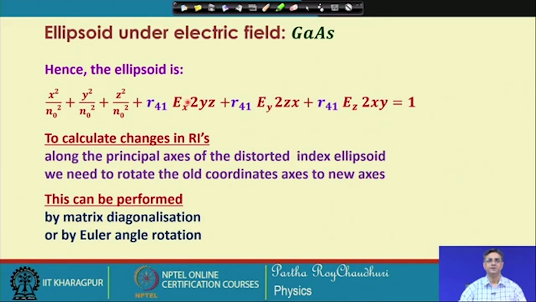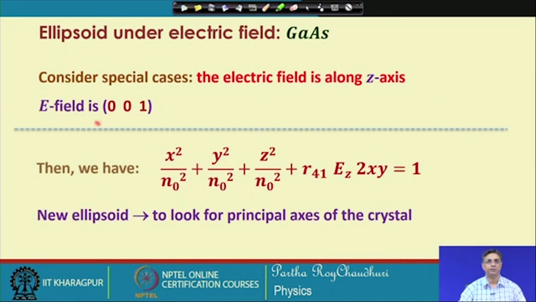But if I consider for simplicity that the electric field is applied only along a certain direction, for example, along the z direction, then what happens? Because this is the way we can actually understand how this electric field is going to change the refractive index properties of the crystal.